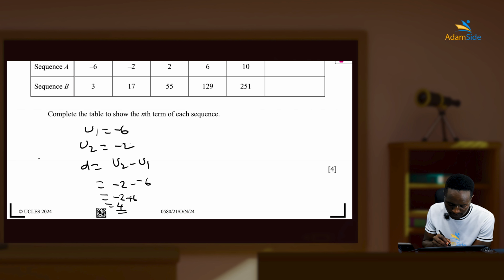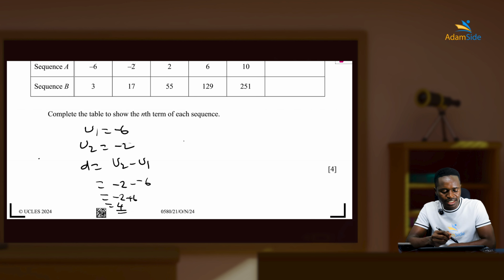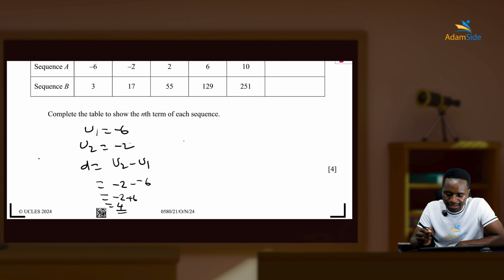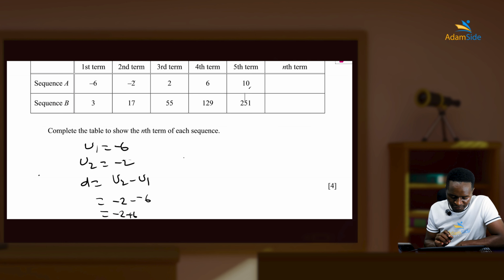Now we go to another thing. You see it goes from negative 6, negative 2, 2, 6, 10. For an arithmetic sequence there is the same change each time.